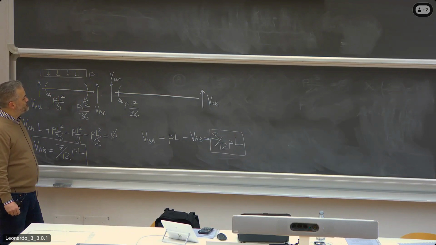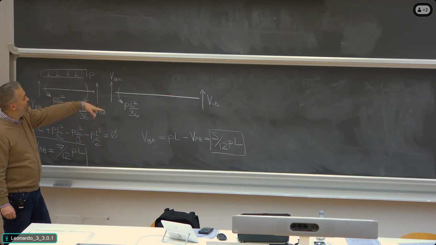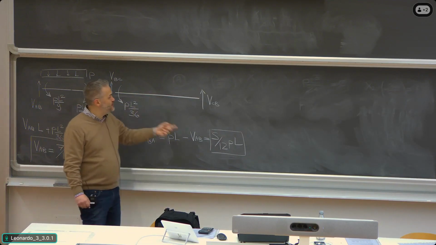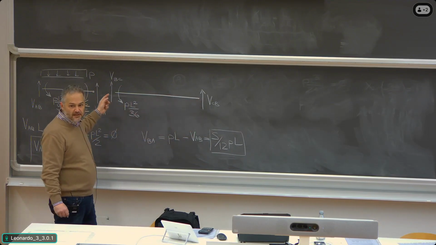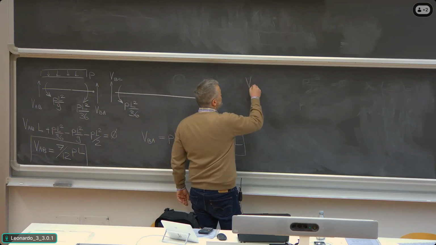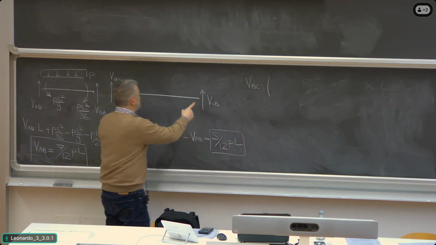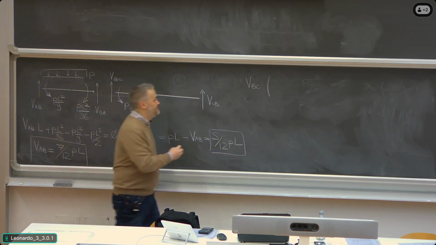Then, what equation can we write to work out VBC? Again, since we have two unknowns on this span, the wisest choice is to write a rotation equilibrium with respect to C of span BC. Okay? This would give VBC times, careful with the length, because the length of this span is not L, it is 3 divided by 2L.